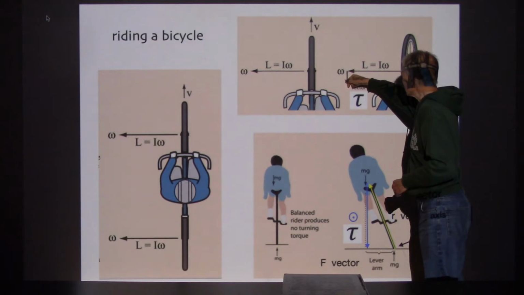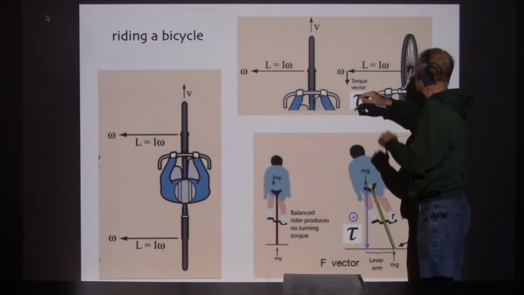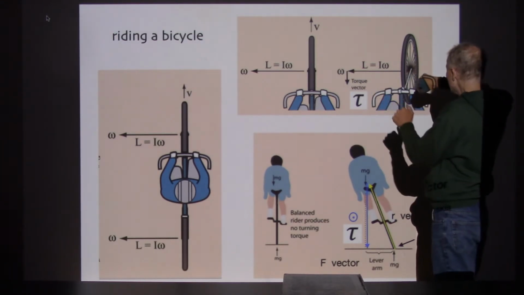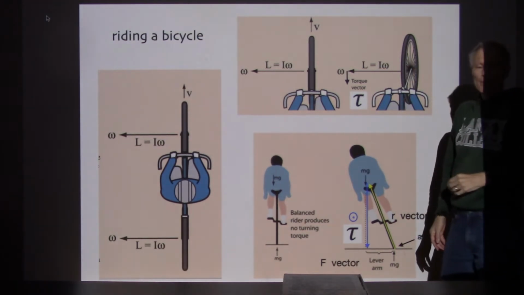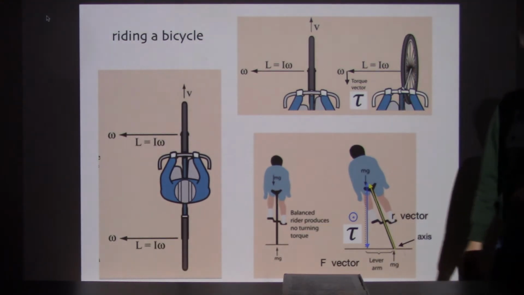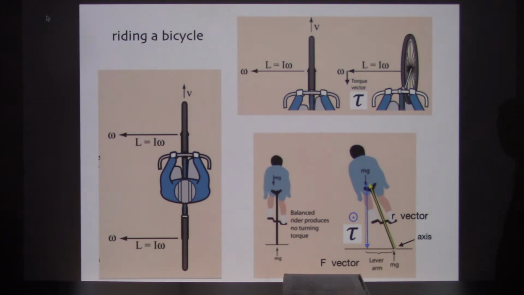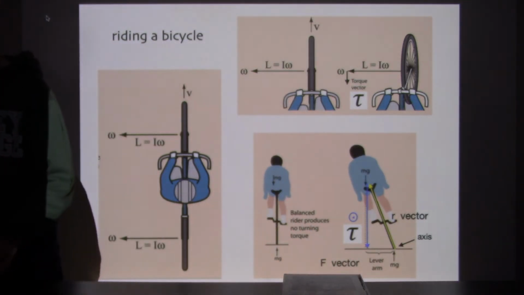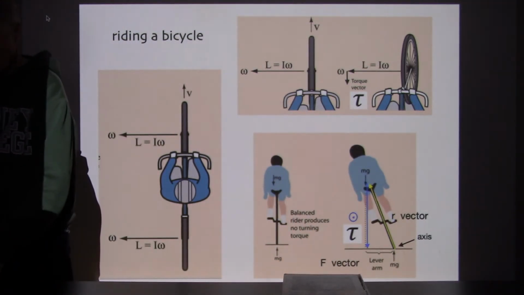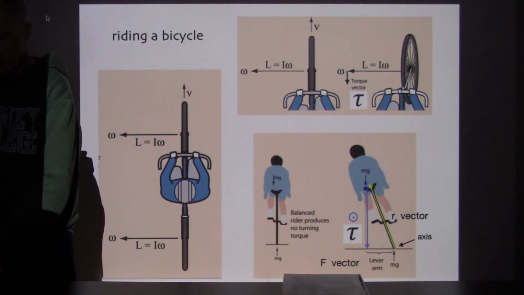The torque here, which is in the backward direction, ends up redirecting the angular momentum so that the wheels automatically turn just from leaning and creating a gravitational torque on the bicycle. Okay. Anyway, I hope that helps. I hope you guys don't crash on your bicycles after going through this and looking at these diagrams.